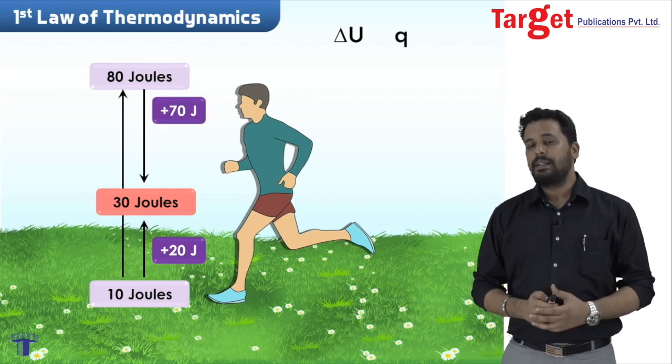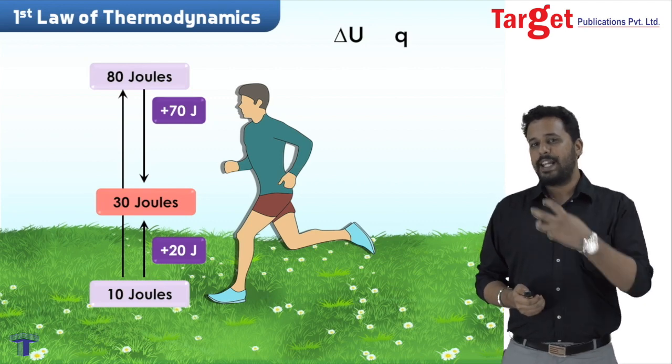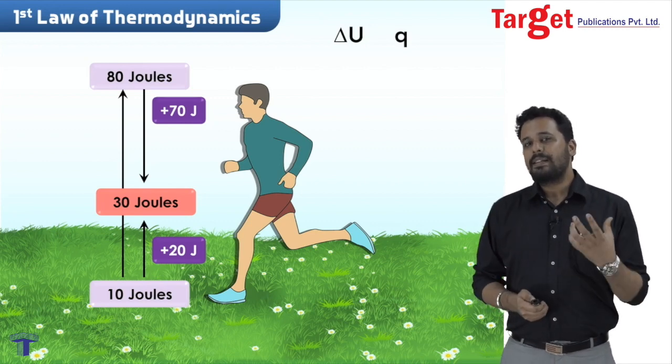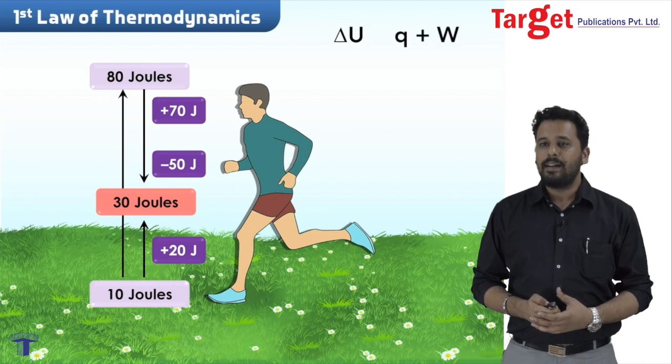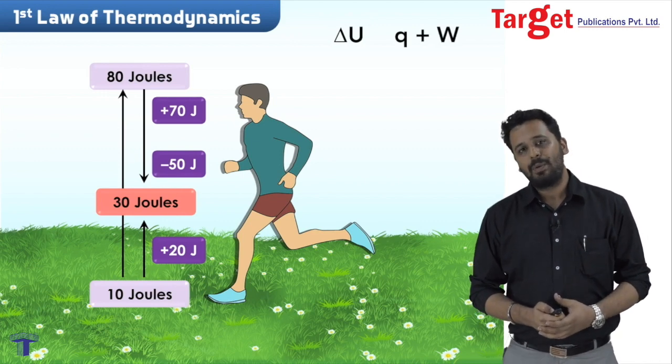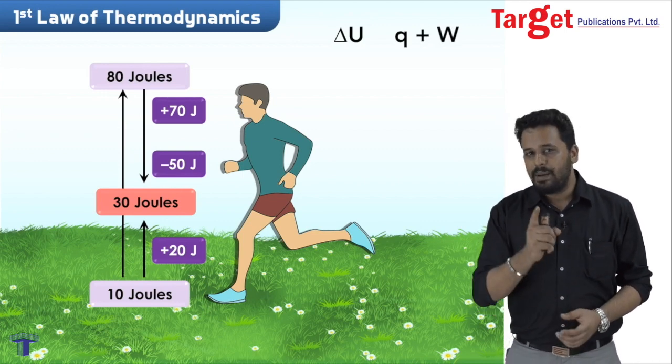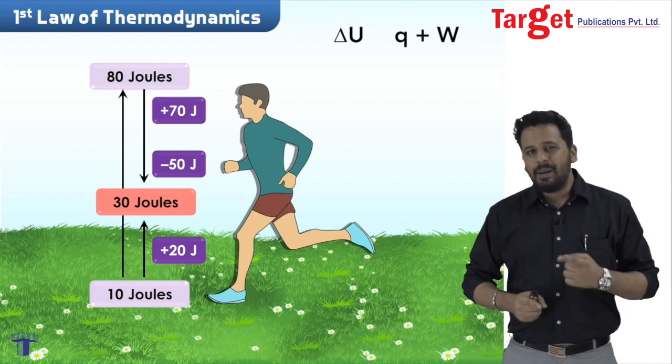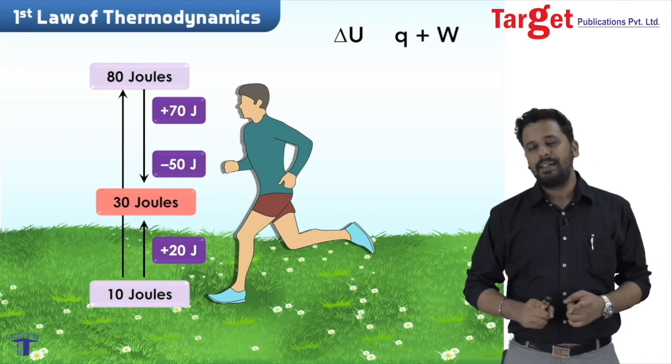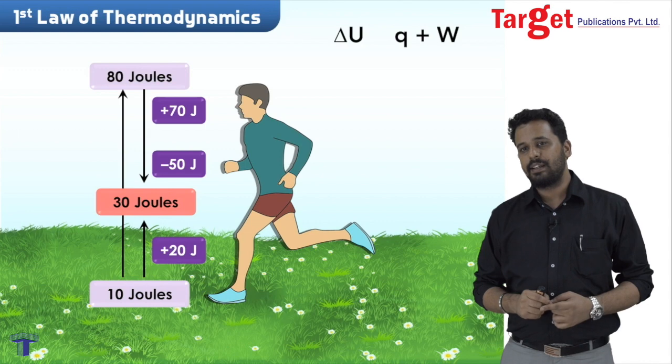This is nothing but the algebraic sum of the heat which was absorbed, that is 70 joules, and the work which was done, that was minus 50 joules. Remember, the work was done by this guy, and that's why it is negative in sign convention.